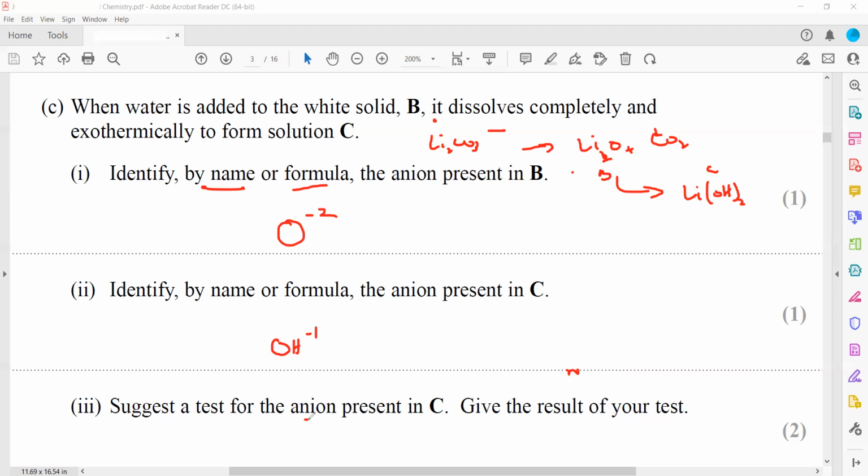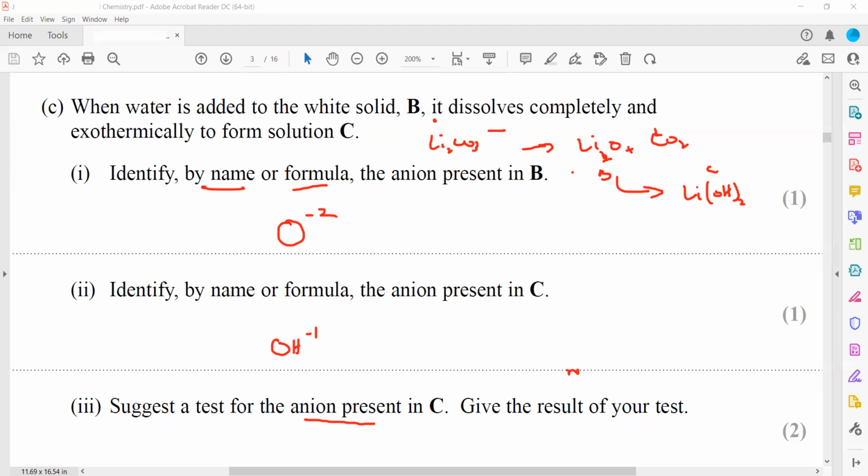Suggest a test to show the presence of the anion OH. How can we test the OH group? This is not like the organic compounds; this is an inorganic OH, so it is about testing whether the solution is alkaline. What we can do is add a universal indicator.